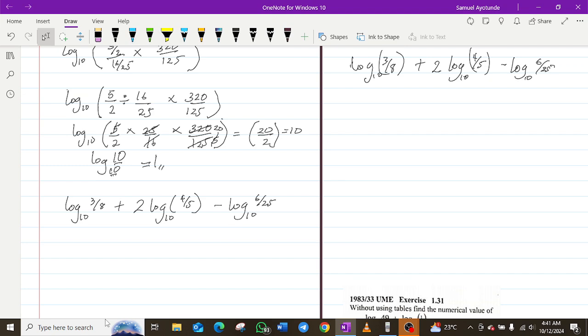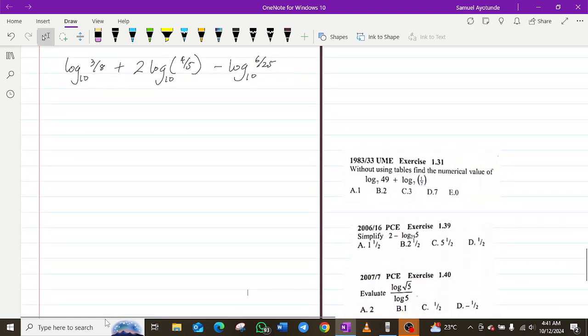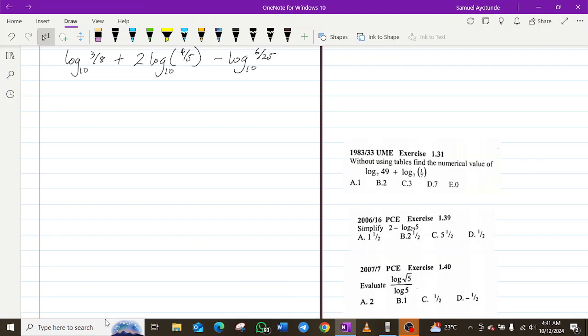So let's go ahead to solve this. So like I said, for this kind of question, they have the same base and we have addition and subtraction in between. We just check if there is any coefficient that can become power. So we make the coefficient power, and we have one like that here.